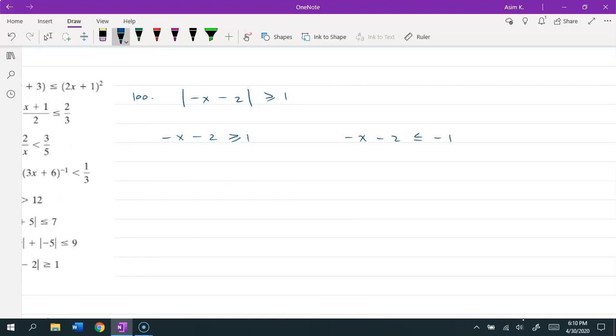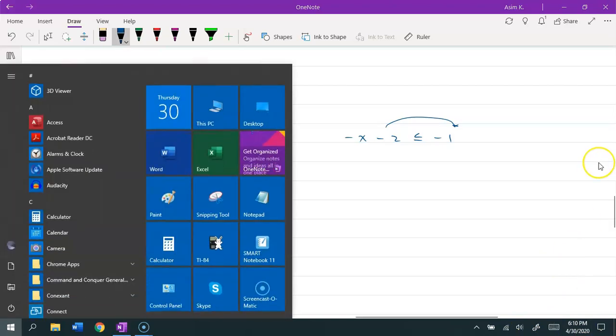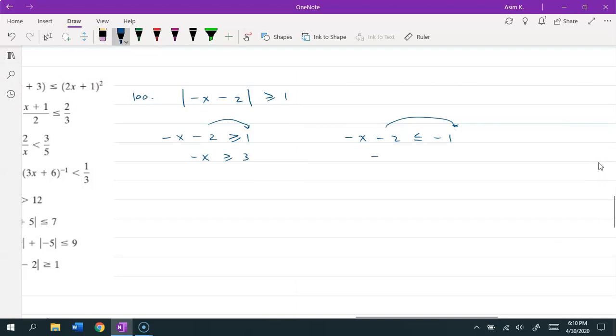In that first situation, if you move the 2 over to the right side, you're going to end up with negative x is greater than or equal to 3, and the other one is going to be negative x is less than or equal to, let's be positive, so 1, because 2 minus 1 is 1.